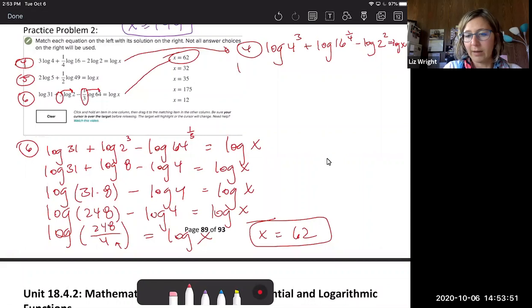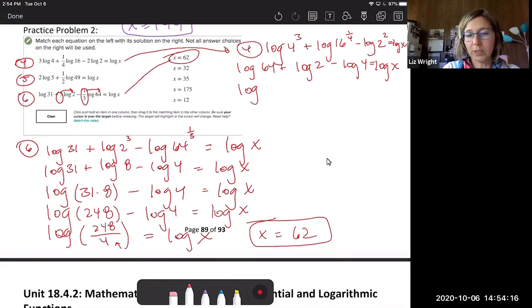So then we're going to have log of 64 plus log of 2 minus log of 4 equals log of x. So then if you want to, here's what I was talking about earlier, where you can just start combining them if you start feeling more comfortable to do this.